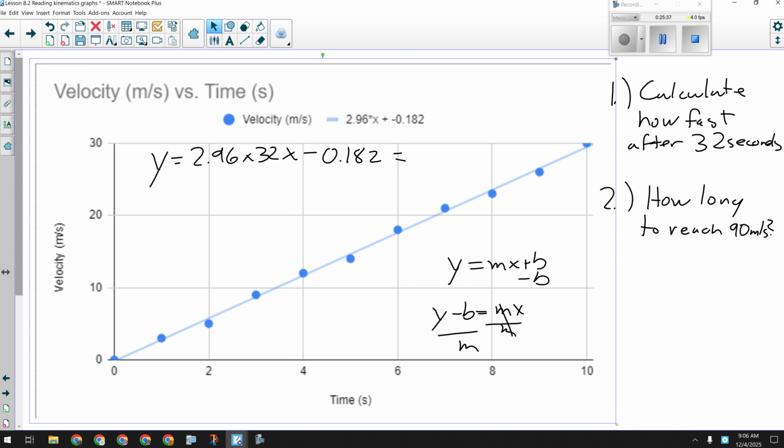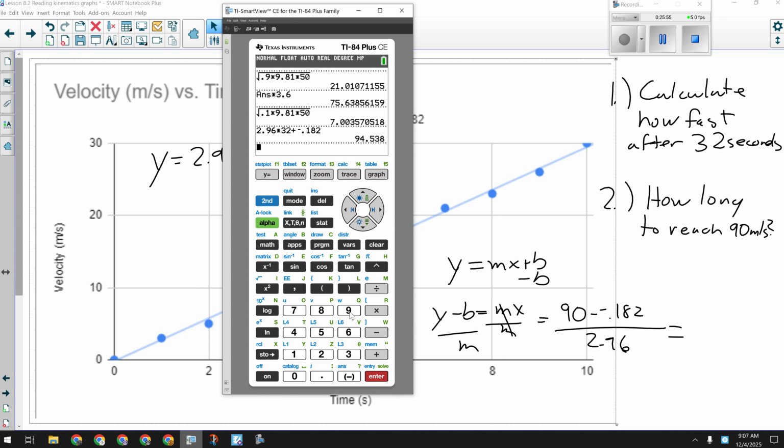All right, solving for x. 90 meters per second minus negative 0.182, divided by the slope, which was 2.96. So 90, we'll just say plus 0.182 because it's minus a negative, equals, and then divide by 2.96. Okay, so that'll take 30.5 seconds.